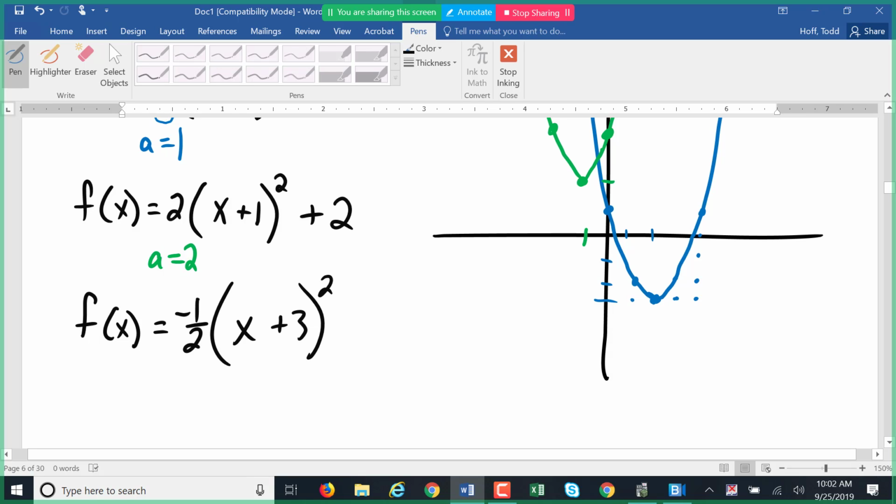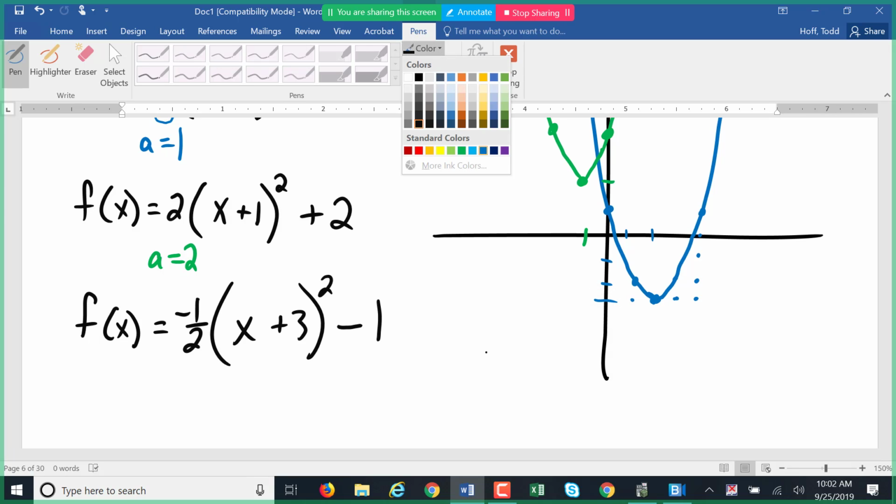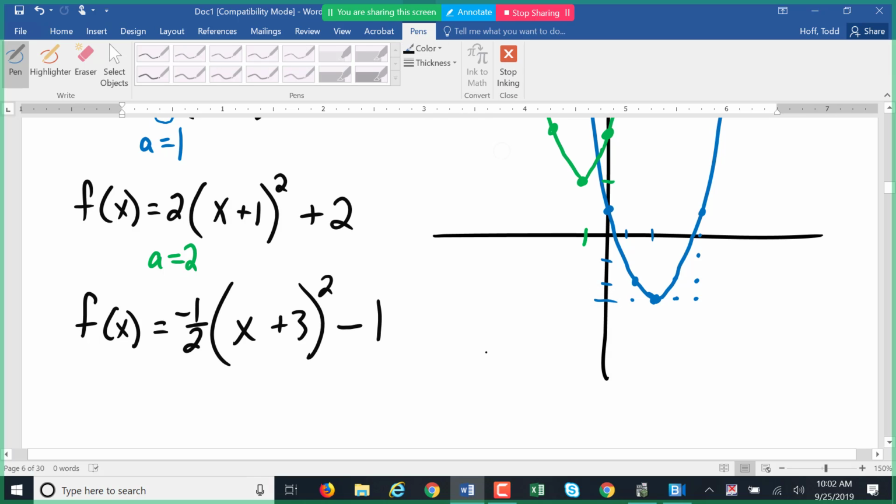Let's do f of x equals -1/2 times (x plus 3) squared minus 1. For that one, what's our vertex going to be, Jack? Perfect. -3, -1. There's our vertex. So now a equals -1/2 here.